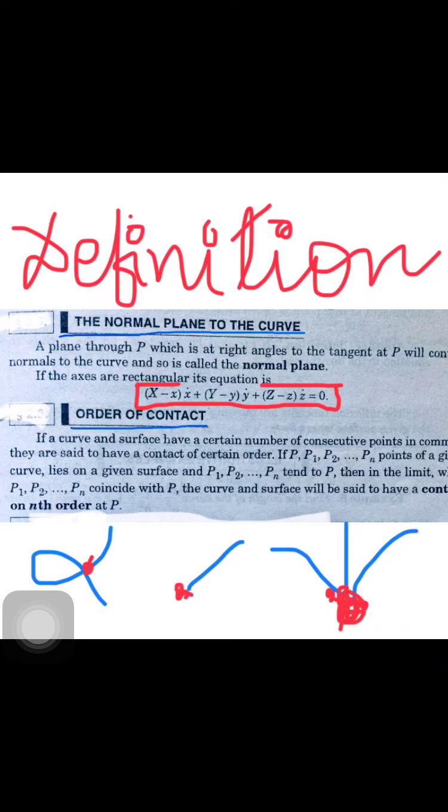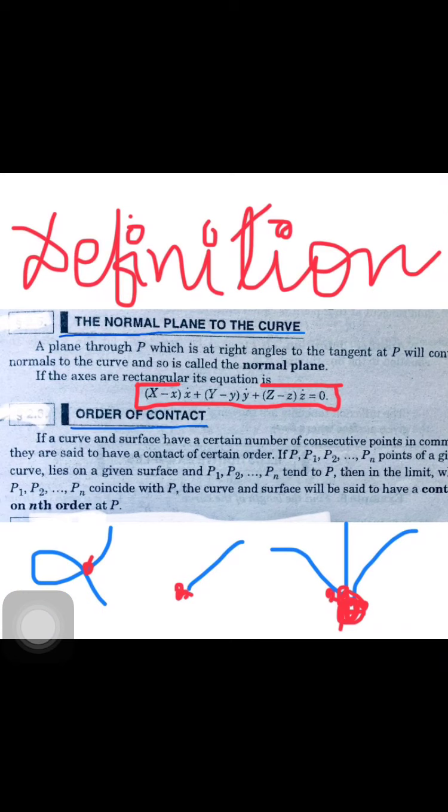So in the first diagram we have two contacts, in the second only one line passes, and in the third three different arcs pass through a point.